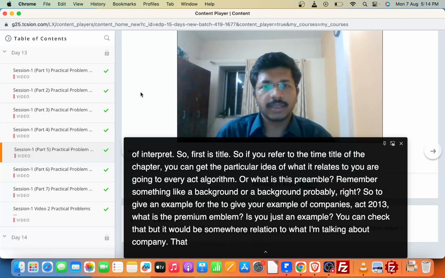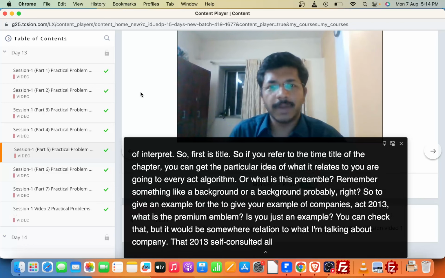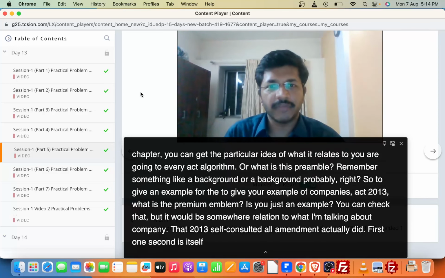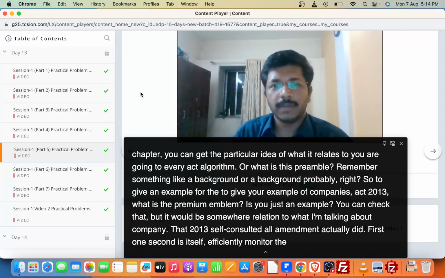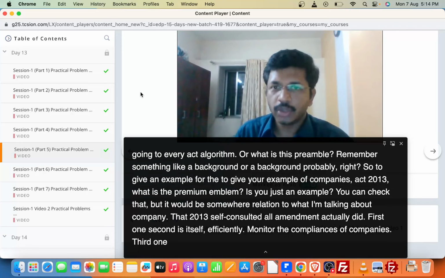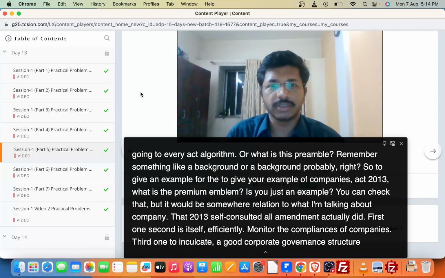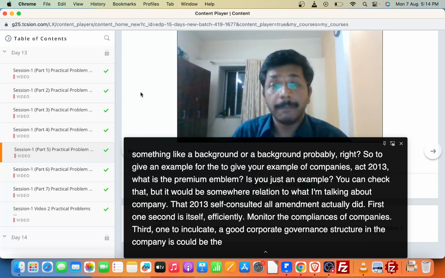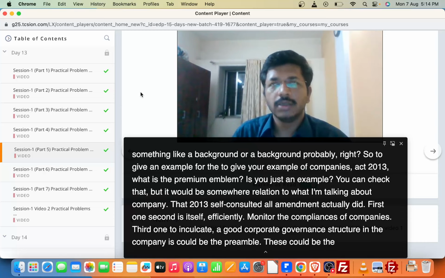Companies Act 2013 shall consolidate all the amendment acts till date. Second, it shall efficiently monitor the compliances of companies. Third, to inculcate a good corporate governance structure in the company. These could be the preamble. These could be the theme or a motto of a particular act.